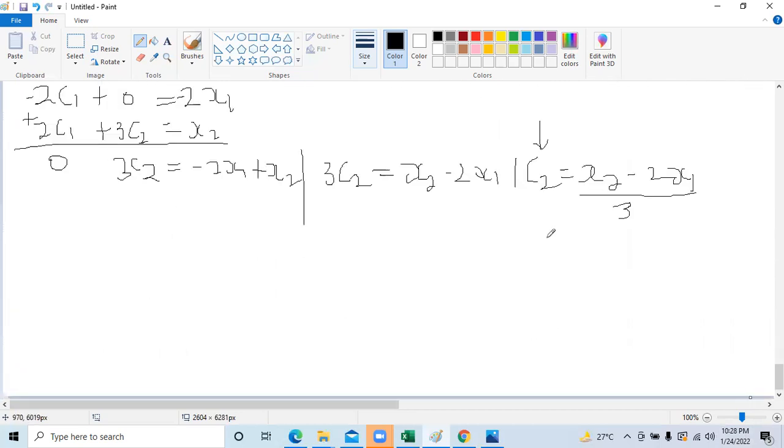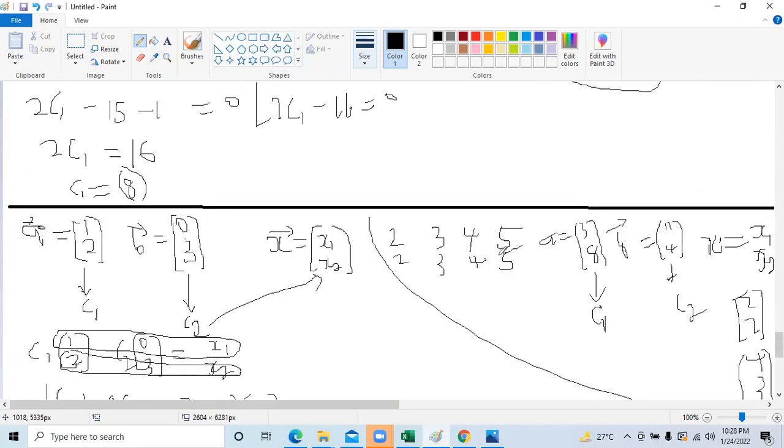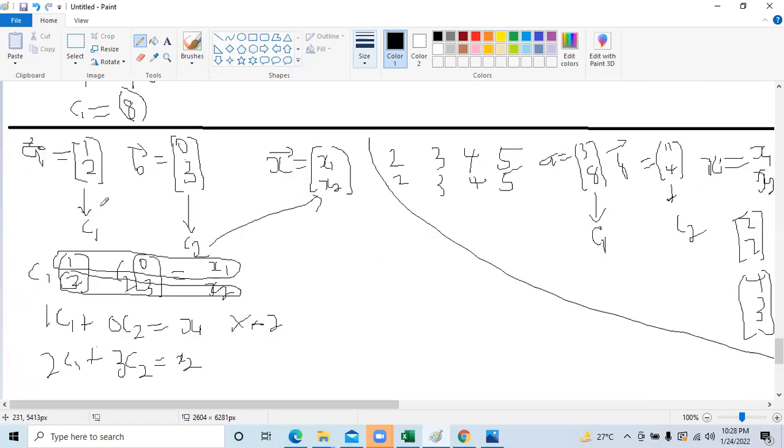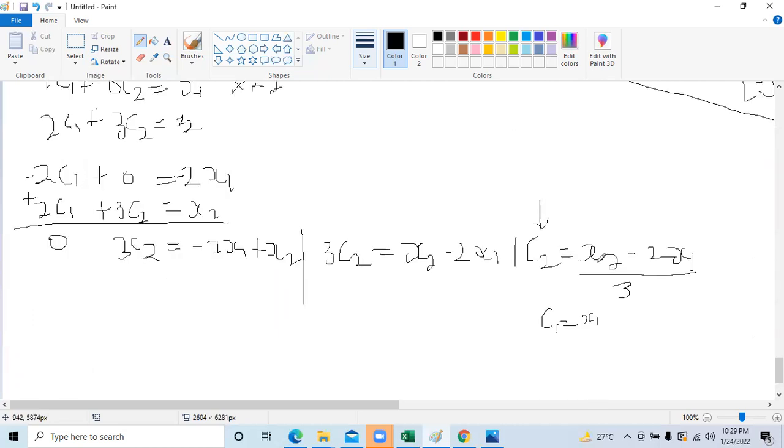So therefore, C1 equals X1. So I said for any value of C1 and C2, I can get any value of X1, X2. So C1 is X1, C2 is X2 minus 2X1 over 3.